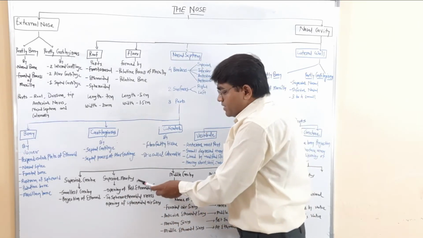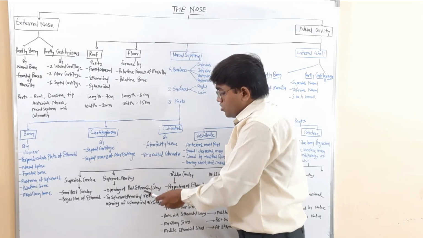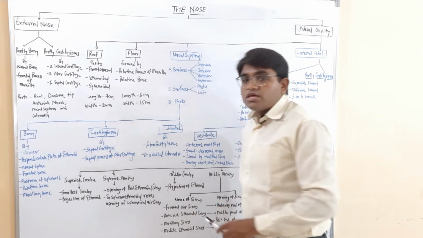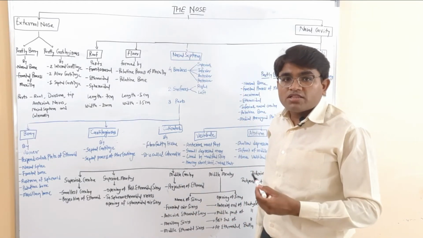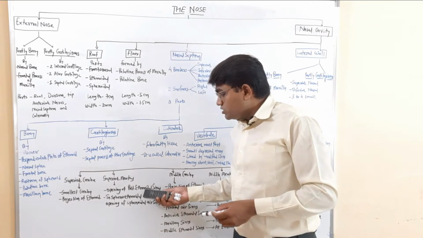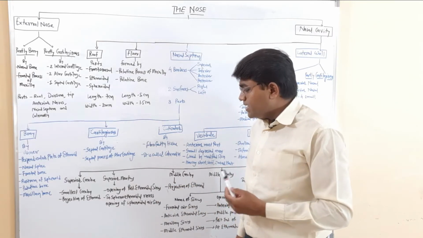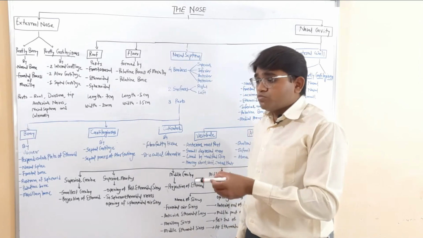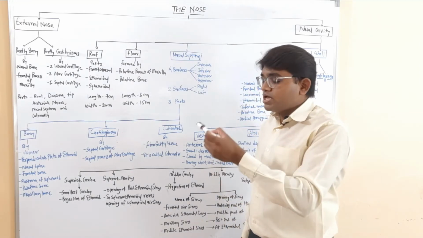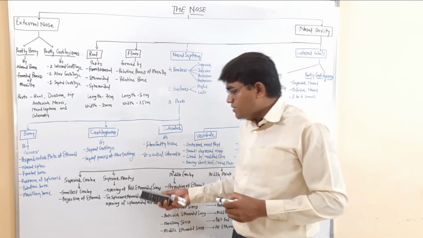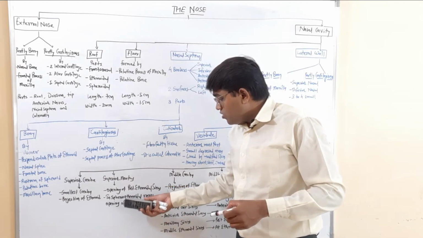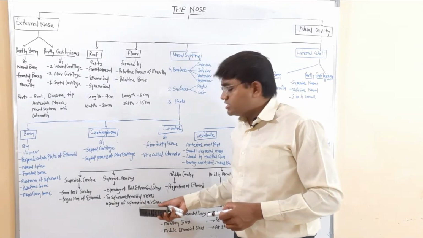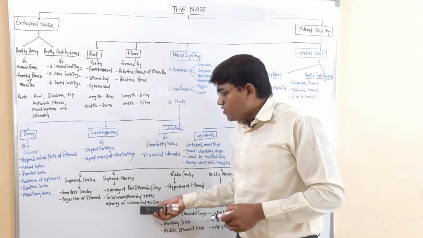Then the superior meatus. Okay, in this superior meatus there is an opening of the posterior ethmoidal sinus. The posterior ethmoidal sinus opens into this superior meatus, and on the supero-posterior side, means superior and posterior side of this superior meatus, there is the sphenoethmoidal recess, and in this sphenoethmoidal recess there is an opening of the sphenoidal air sinus.